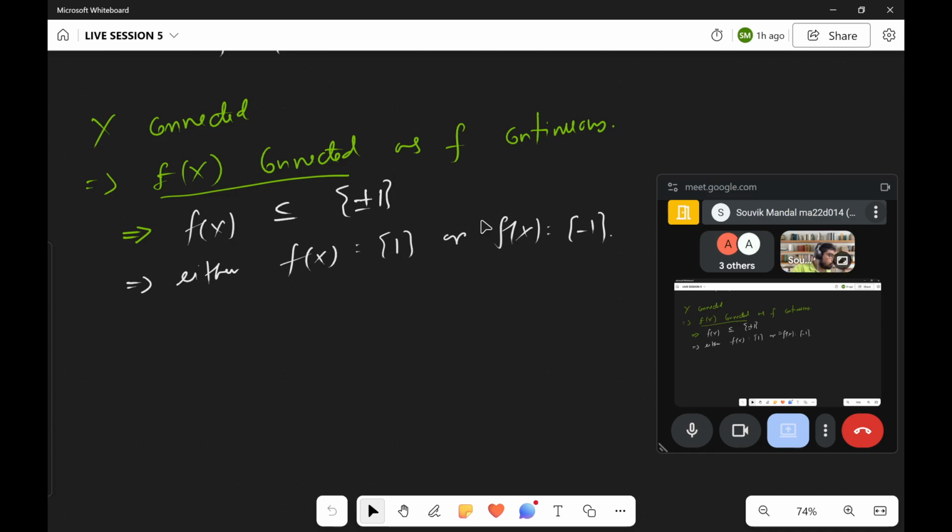Yes, sir. So this tells that x connected implies f constant.